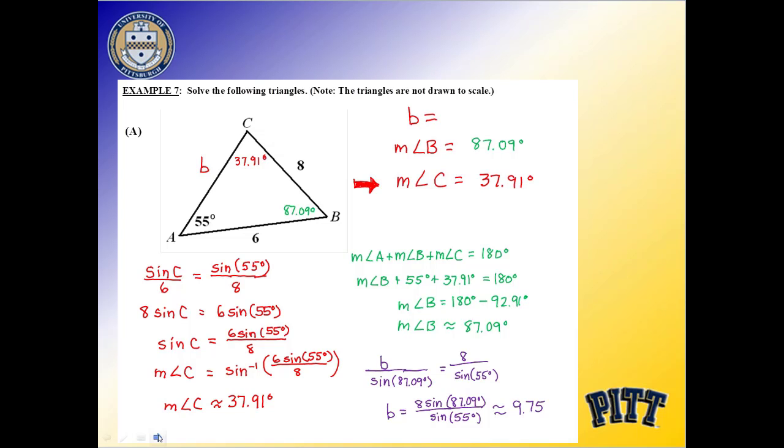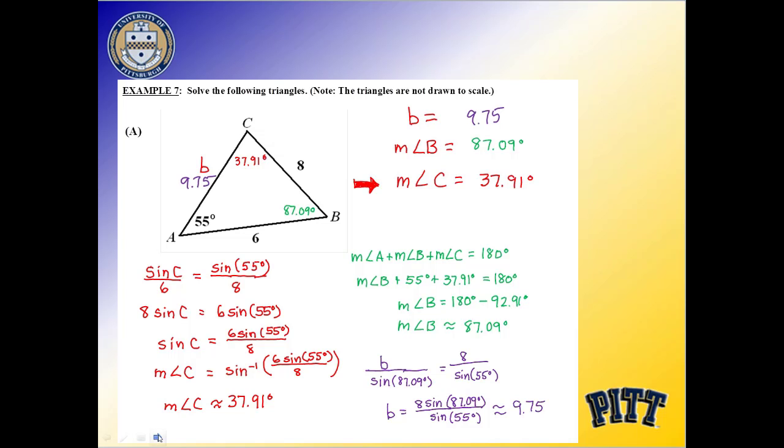So if you actually do 87.09 here, is it 9.75 exactly? Well, no. Would it round to 9.75? Maybe not, but it might be because I used all the decimal places when I did each one of these calculations, and not just the ones I wrote down. But I do get B is about 9.75.